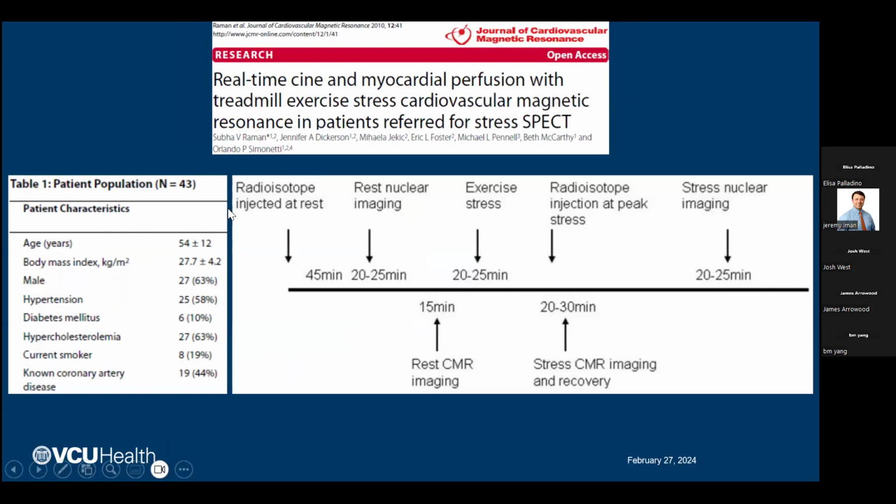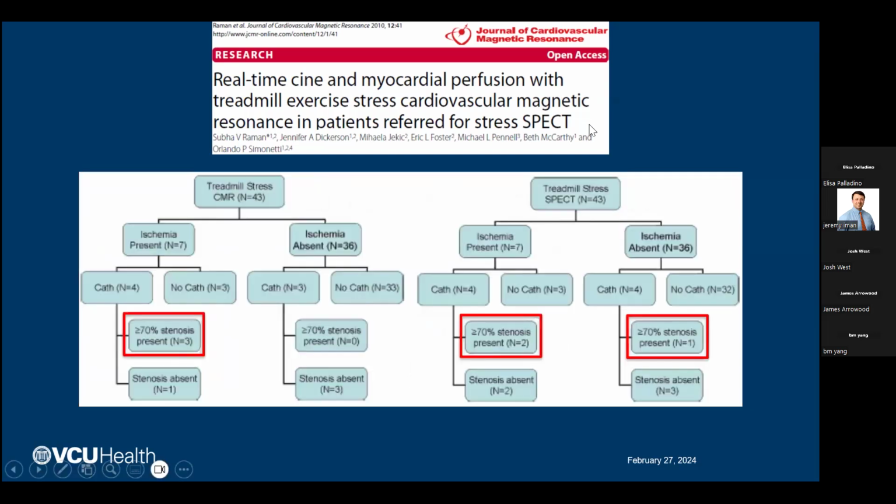So basically, they would inject the radioisotope at rest, do the rest nuclear imaging, and then they would bring them over to the MR unit, perform the rest CMR imaging, then start their exercise stress protocol inside the MRI unit. When they reach peak exercise, they would immediately inject the radioisotope and immediately lay them down for stress CMR imaging, and then let them recover, get their recovery imaging, move them back over to the nuclear unit and take their stress nuclear imaging. So one exercise test, immediate side-by-side comparison of SPECT MPI versus CMR.